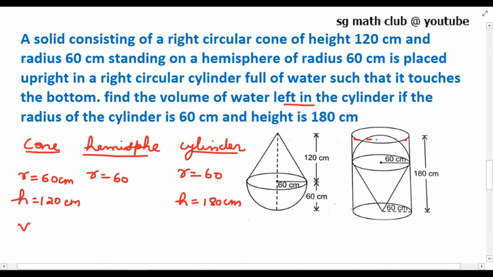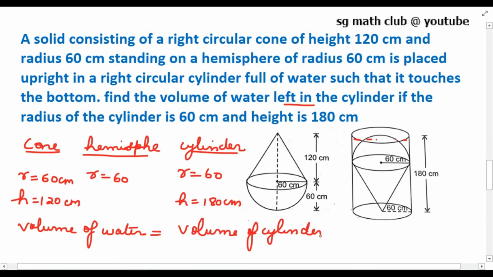We need to calculate the volume of the water that is left in the cylinder. So the volume of water left in the cylinder, or remaining volume of water, will be equal to the volume of cylinder minus the volume of cone plus hemisphere. So volume of cone plus volume of hemisphere.